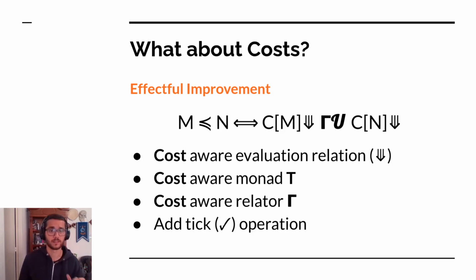Remember that at the beginning of this presentation, I introduced the classic definition of improvement as a refined notion of approximation, and we explored its expressive power through the addition of a new operator called tick. In this case, we are going to introduce the tick operator first and then derive all the required machinery from it.